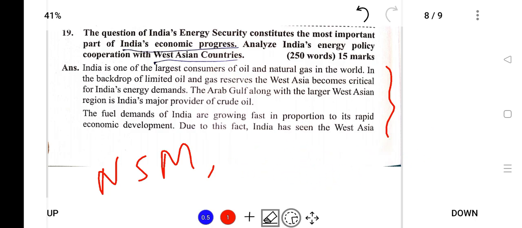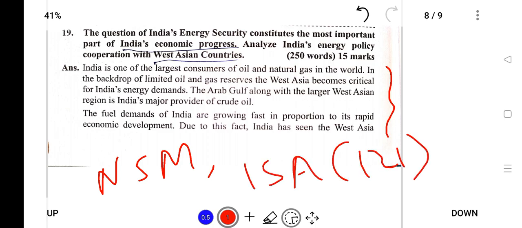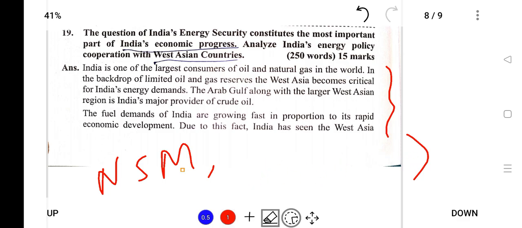This International Solar Alliance is an alliance of 121 tropical countries, and it provides for the generation of solar energy to meet the energy crisis.